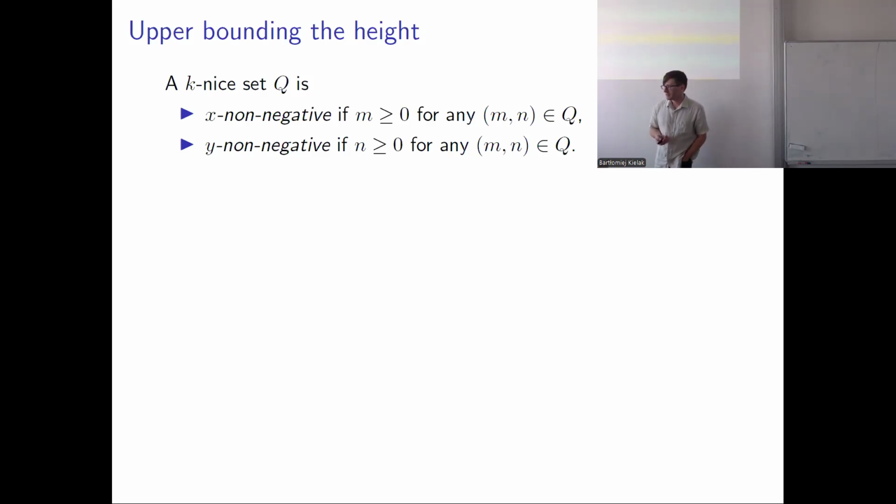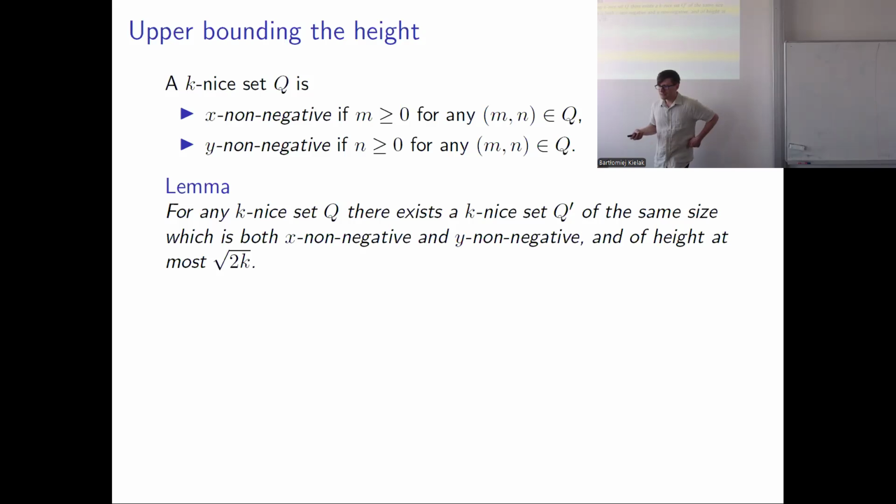And now, two more useful notions. We say that my k-nice set Q is x non-negative if the first coordinate of every point is non-negative, and we say that it is y non-negative if the second coordinate of every point is non-negative.